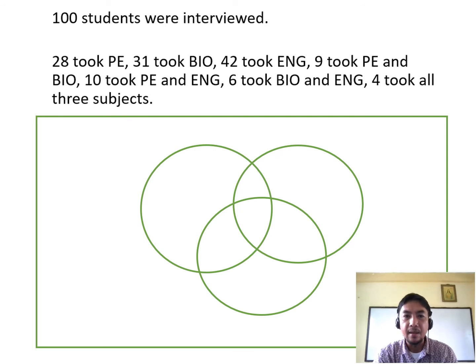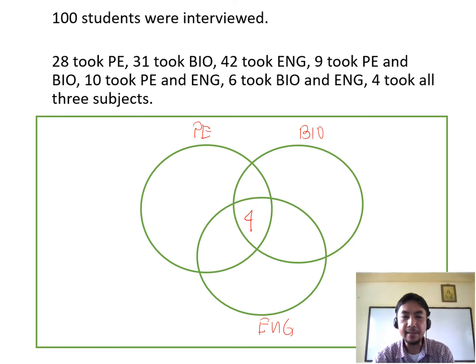The first thing to do is to fill out the intersection of 3 sets. By the way, this is for PE, this is for biology, and this is for English. Okay? Now, 4 took all 3 subjects. So, ilalagay ko dito yung 4.